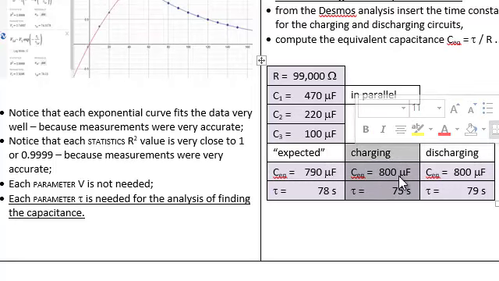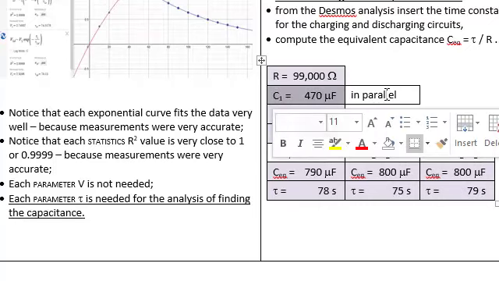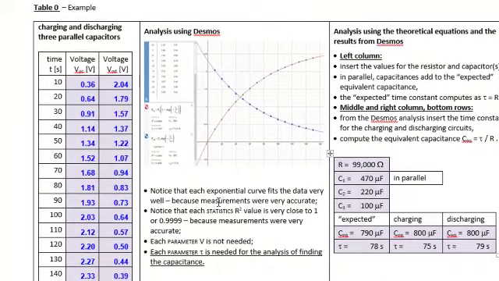You can see that the 800 matches the 790 nicely, and that the 800 over here also matches it nicely, and that comes from the analysis. So that justifies adding them up when they're in parallel. So I think you can guess what's going to happen when I put capacitors in series.